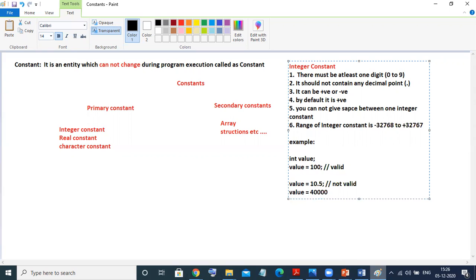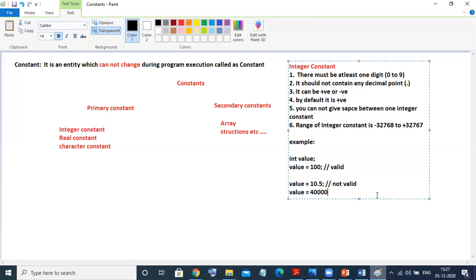Of course it is an integer, but this variable has been declared as an integer, and the integer ranges from this to this. So this 40,000 is not going to be accommodated in this particular variable. We have some data type modifiers, which I will tell you about, so that bigger numbers can also be accommodated into variables. For that purpose, we need to add some modifiers. We will see that in some of my upcoming videos.